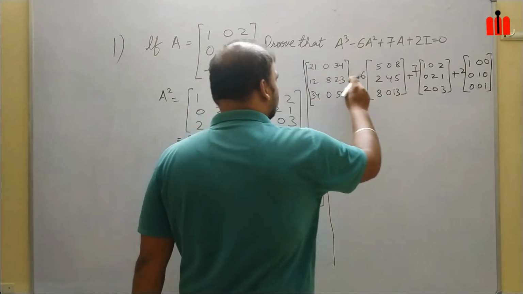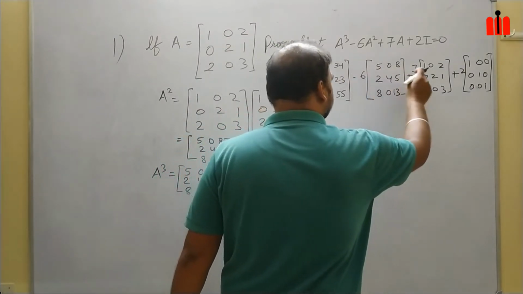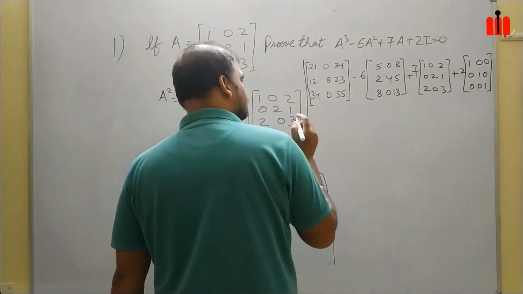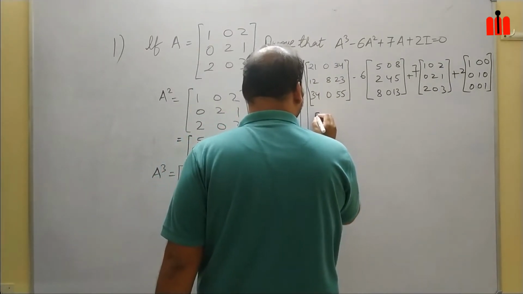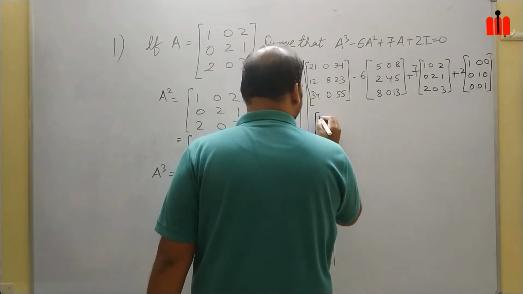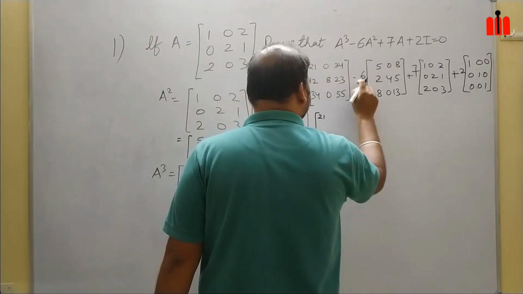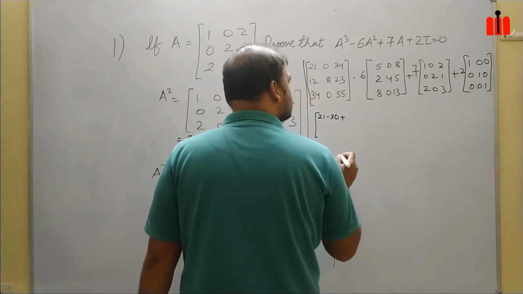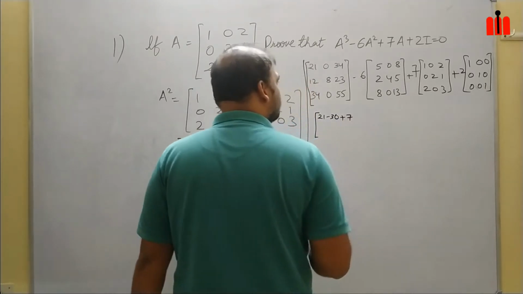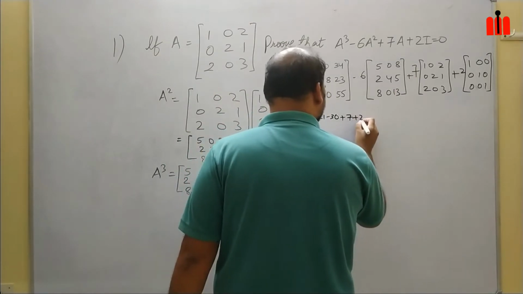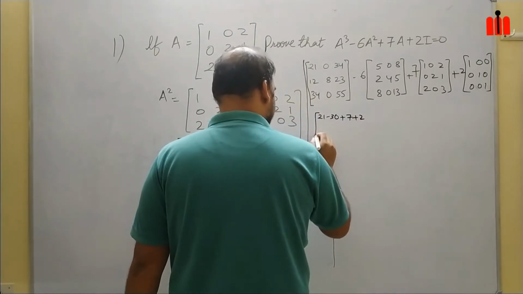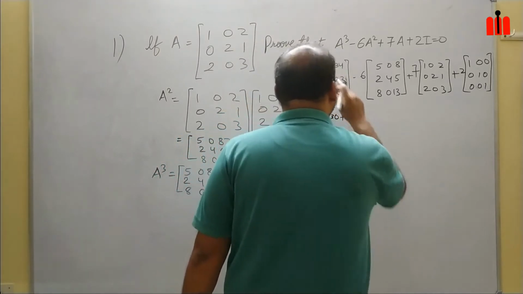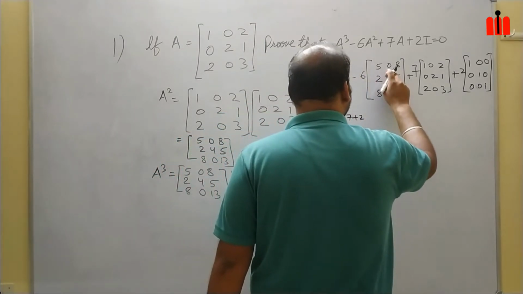So first element 21 minus 30 plus 7 plus 2. Okay. So first element is 21 minus 30 plus 7 plus 2. This will be my first element. Okay. What is the second? 0. 6 0 ja 0.